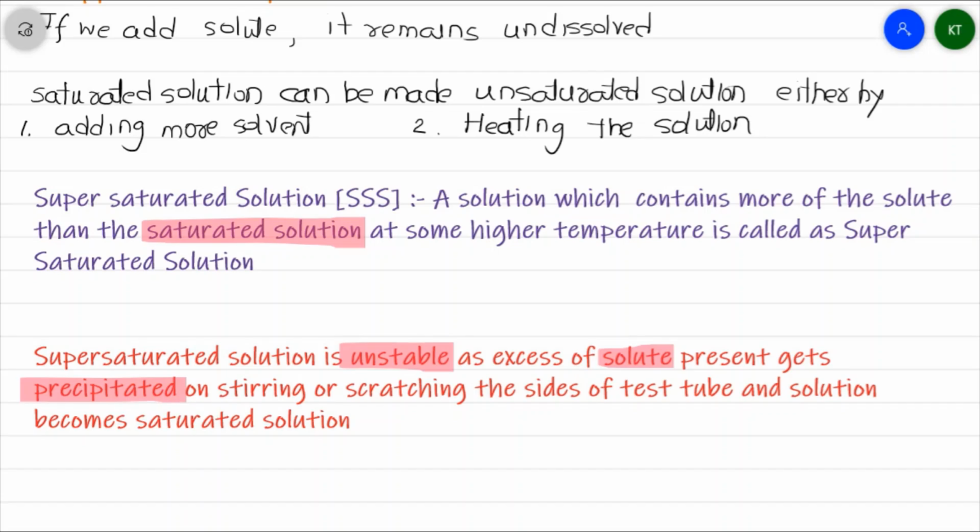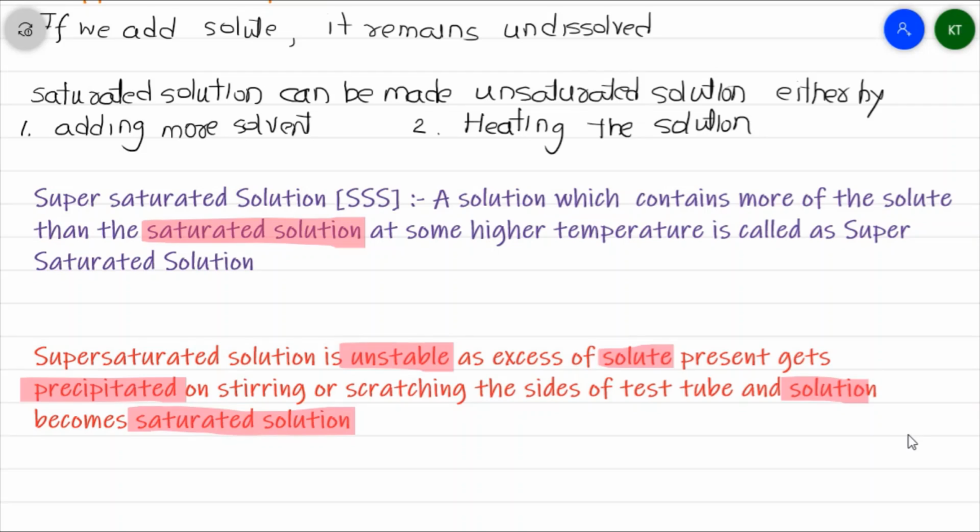Sometimes when we scratch the sides of the test tube, you can see solute particles on the sides of the test tube. And the most important thing, your solution turns into a saturated solution.